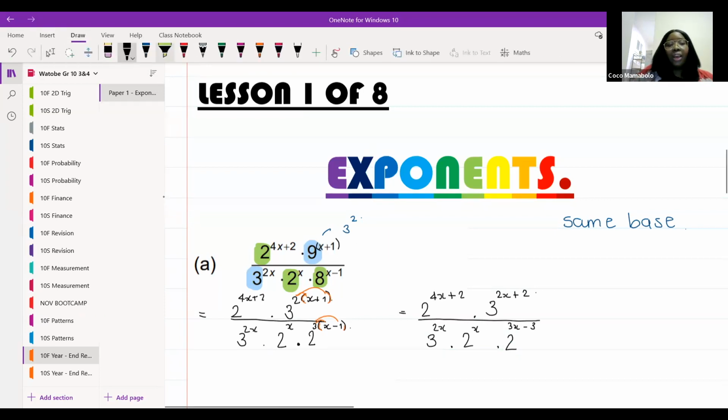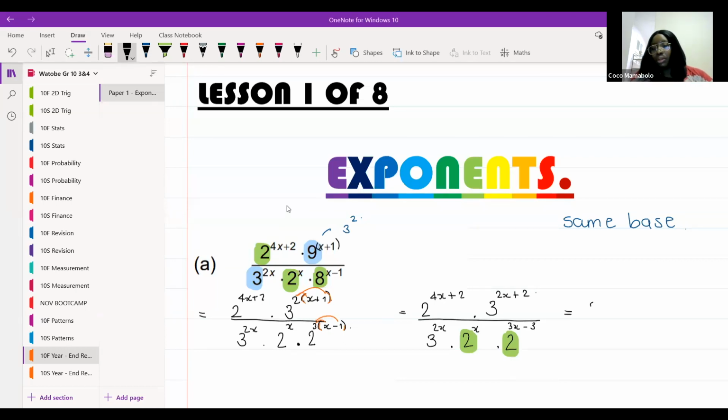Okay, so regardless of that, at the bottom, we've got 2 being multiplied by 2. And when we have like bases, we're going to keep the base and we're going to add exponents. Now, the thing on the top isn't the problem at the moment. We're going to leave the numerator exactly the way it looks, and we're going to fix up the denominator first.